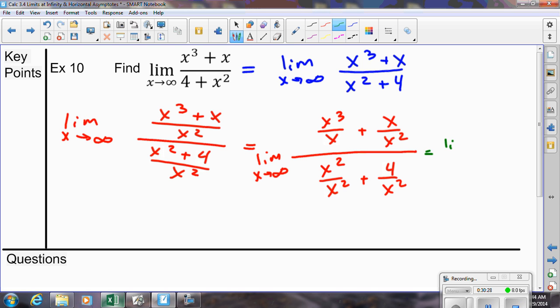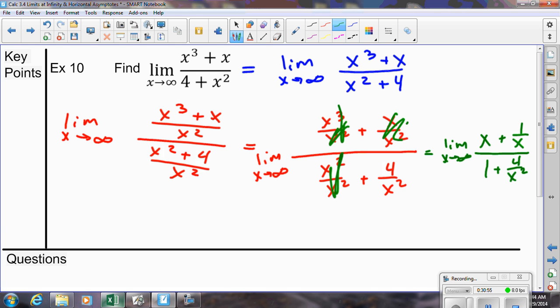So that gives us, what's x cubed over x squared? That part becomes just x. x over x squared is 1 over x. x squared over x squared is 1.